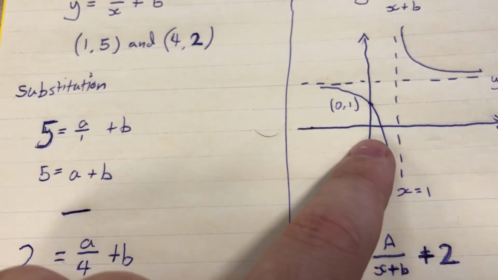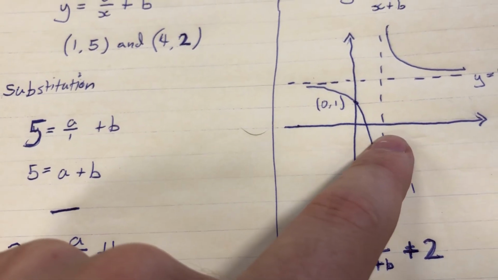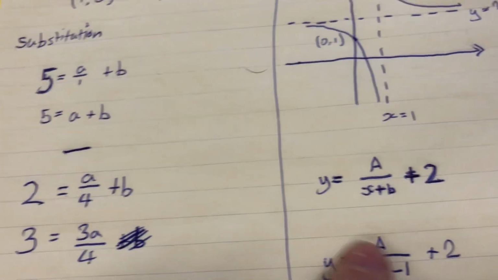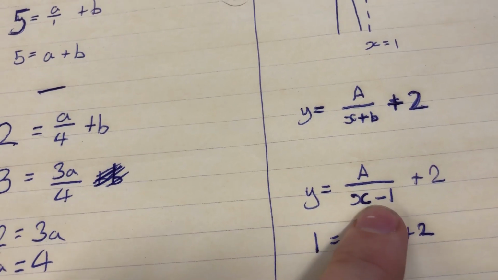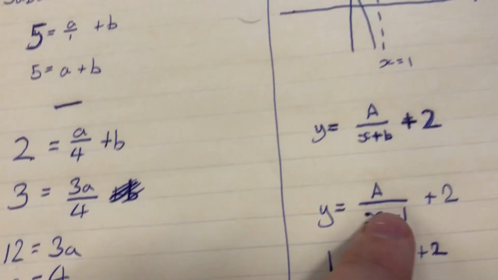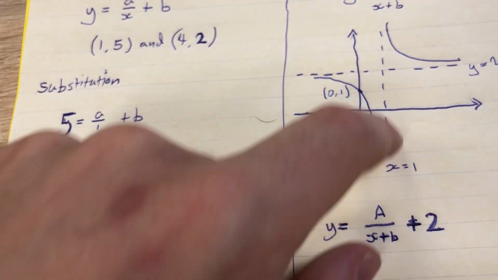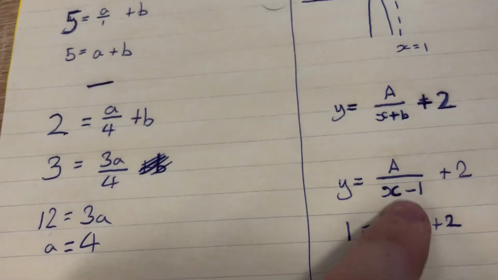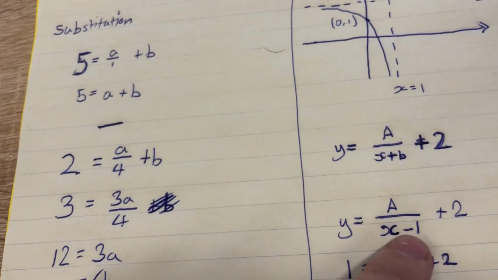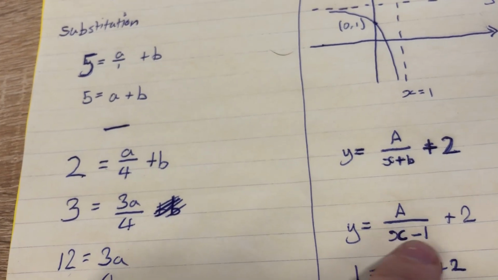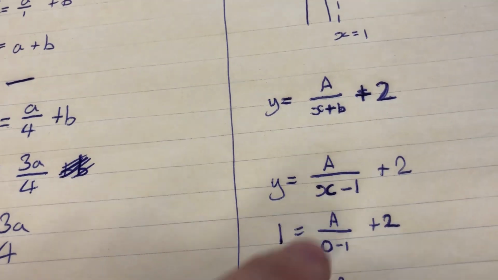In the same way, I can see that my graph has been shifted horizontally one space, so at the bottom here I've taken another step. Remember, we have a -1 instead of a +1, and I can work that out because this is going to be a vertical asymptote. If x is equal to 1, this has to be equal to 0 for it to be a vertical asymptote. So that's where that one comes from.